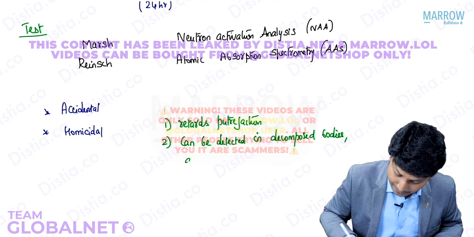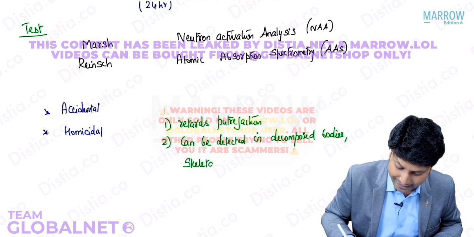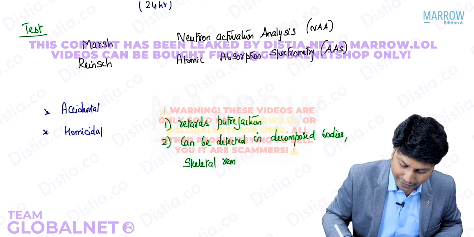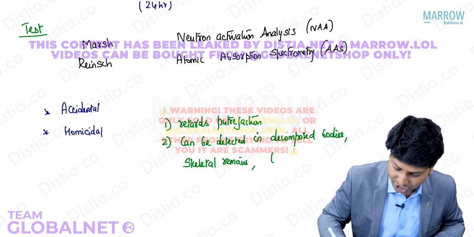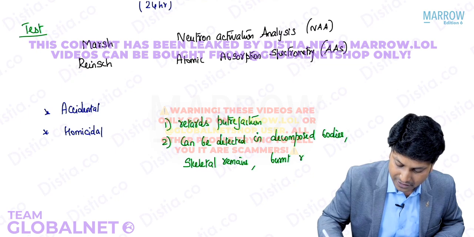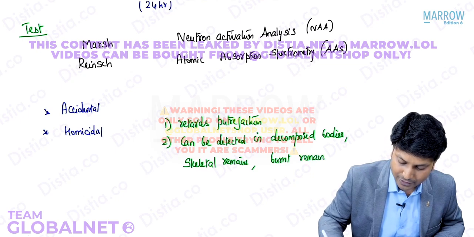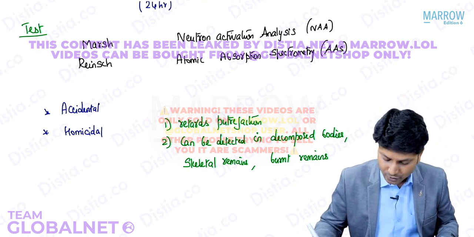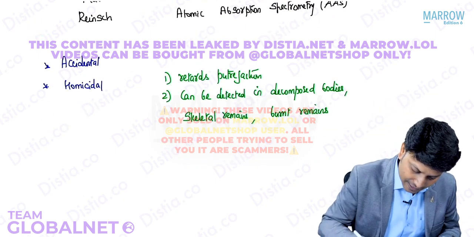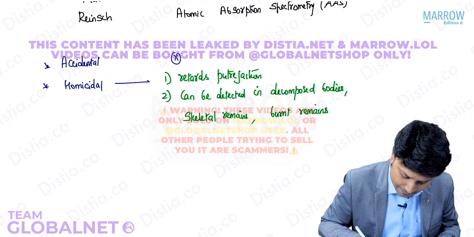Even if the body is completely skeletonized, even from the skeletal remains, you would be able to recover the presence of arsenic. They say that even from burnt ash, burnt remains, you would be able to recover the presence of arsenic, so you would get easily caught. So these are the disadvantages of using arsenic for homicidal purposes.